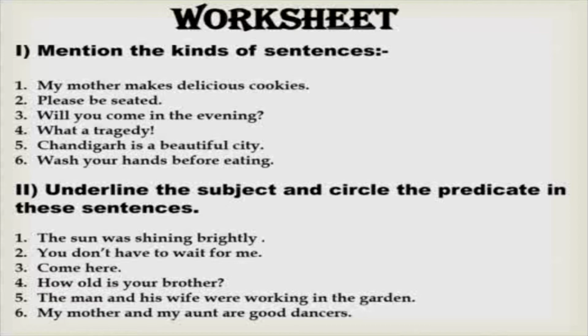So, this sentence is a declarative sentence. So, you will mention declarative sentence in the next line. Same way, you will do all the sentences, but please be careful children, you have to do it neatly. So, you leave one line after every sentence.